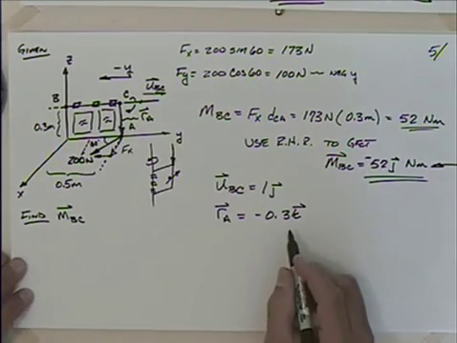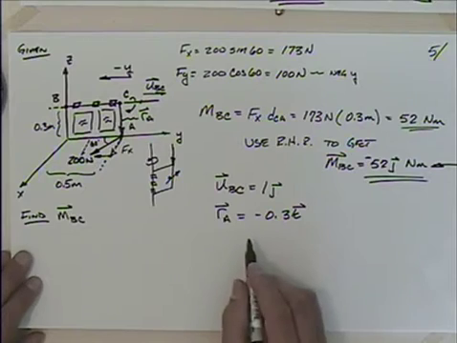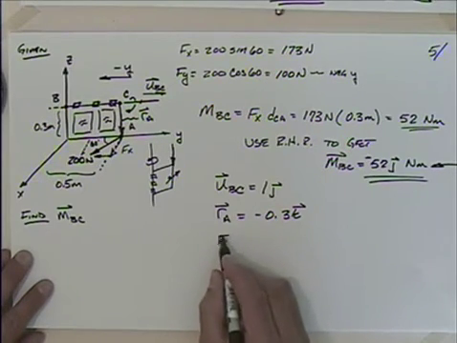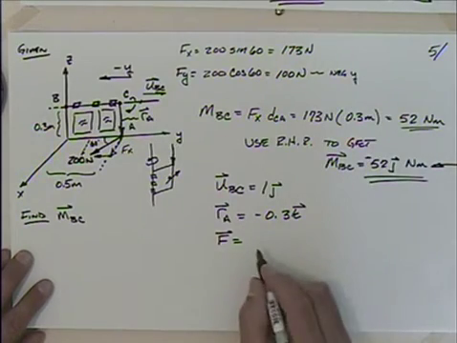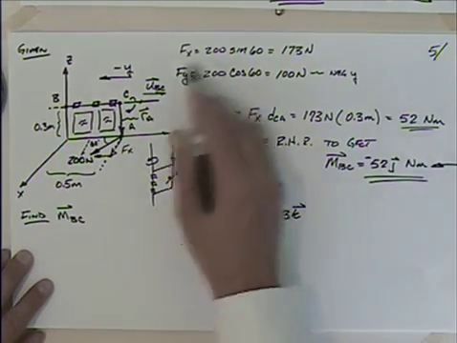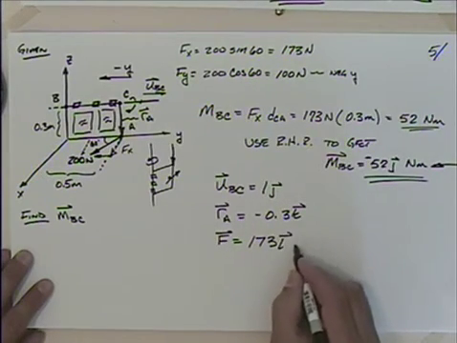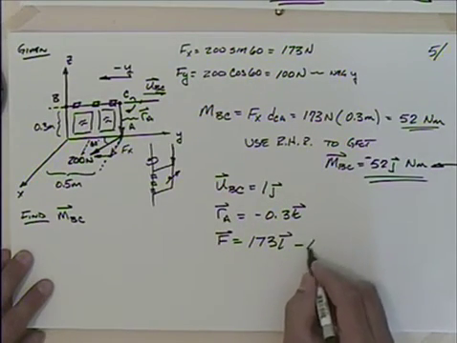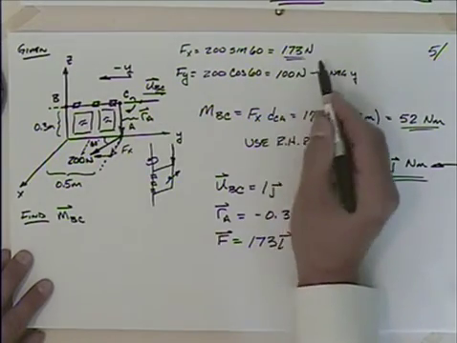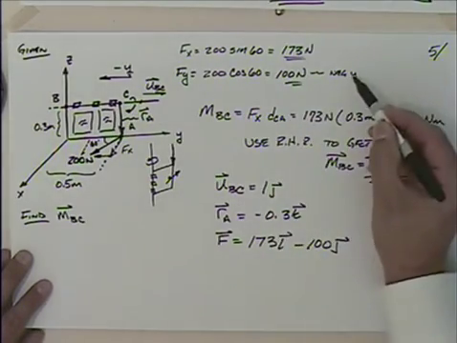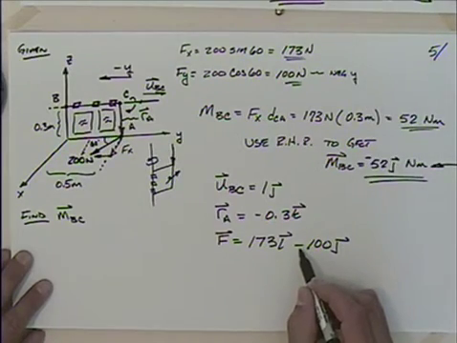And finally, the force, I could say, was equal to, and I'll quantify the force. I'm going to have 173 in the x, so that'll be the I, minus 100 in the j. So I've got the x piece here, I've got the y piece here, and remember that's in the negative y direction, so I've represented that with a negative sign there.